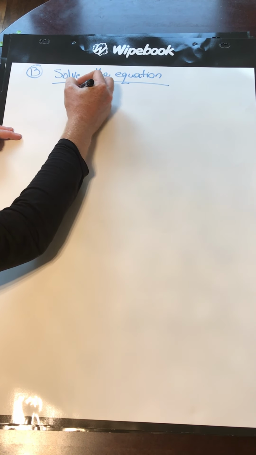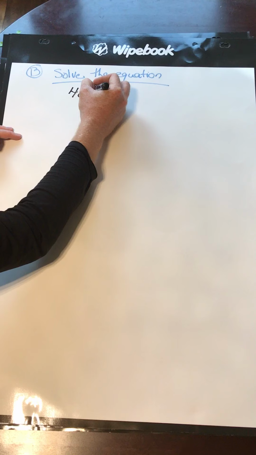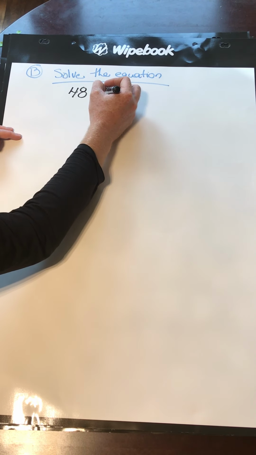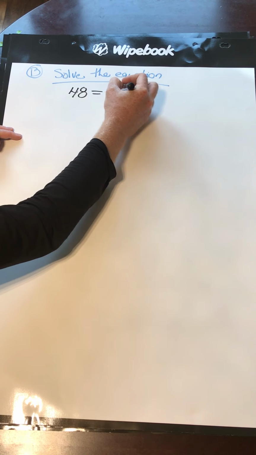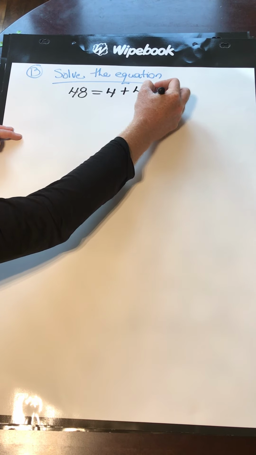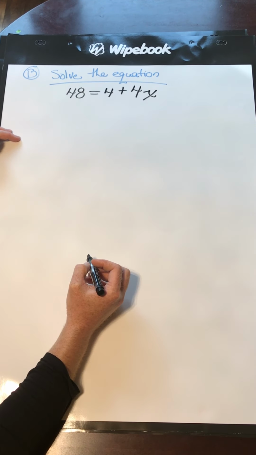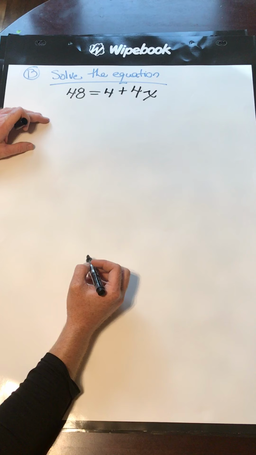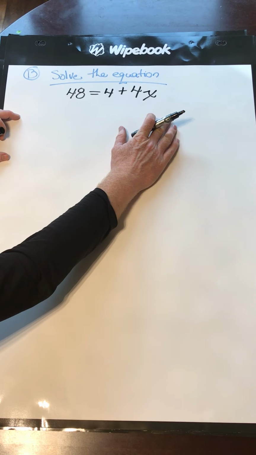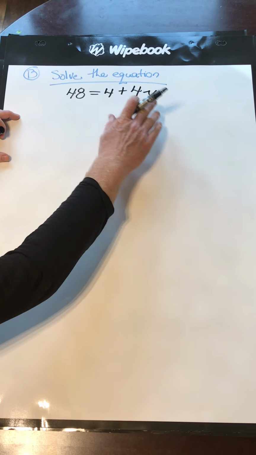So we have 48 is equal to 4 plus 4x. Okay, so I'm going to look at this and I'm going to say I want to isolate for the variables. And where are the most positive variables? Well, the most positive variables are on the right side this time. So I'm going to isolate the variables on the right side.